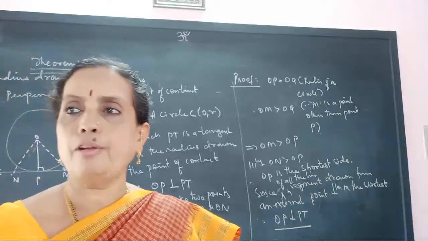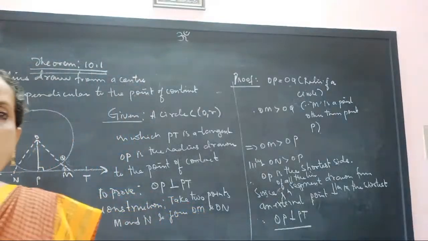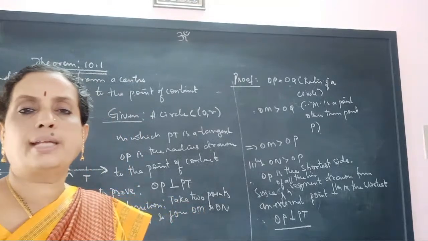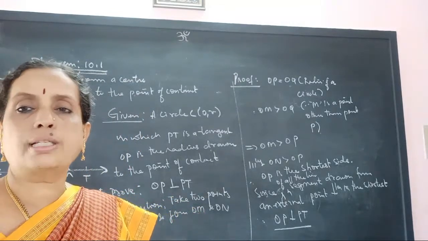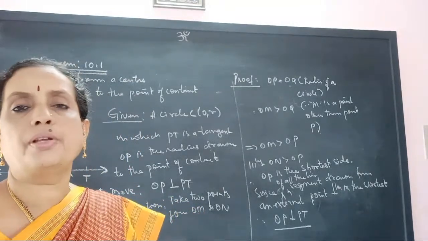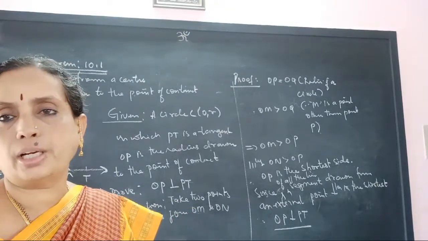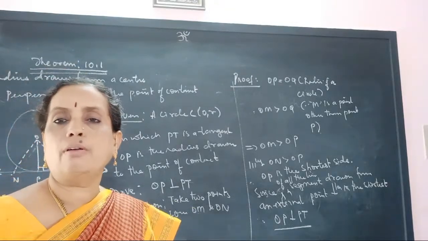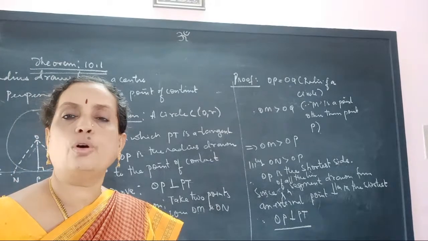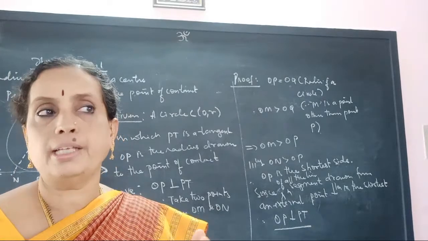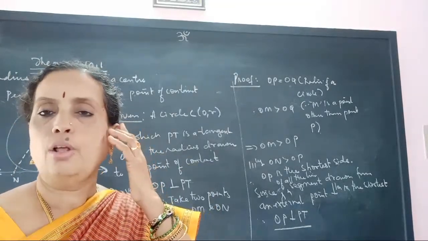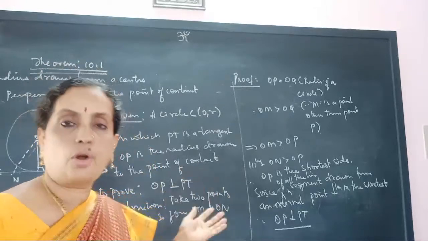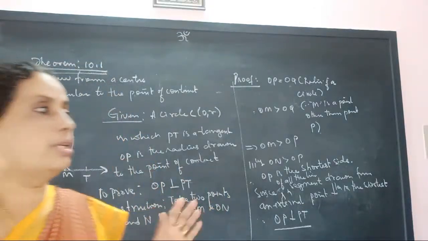Point of contact means the point where it is intersected by the tangent. Conversely, if it is perpendicular, the line must be a tangent. Based on that, we constructed a tangent using the center.